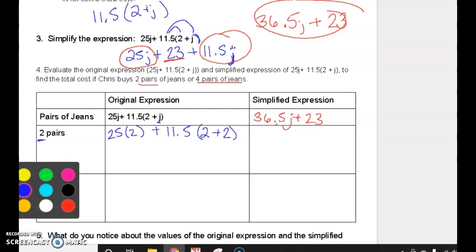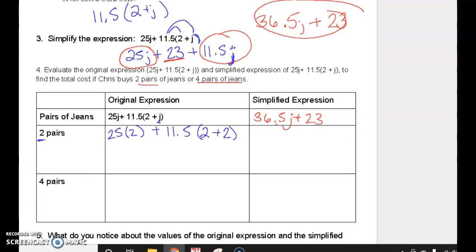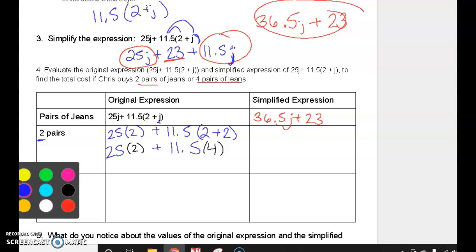Now, first step, remember order of operations, we want to do parentheses first. The first parentheses just has a 2, there's nothing to do here. Now over here, we have 2 plus 2, which gives us 4. We're now going to bring the rest of the problem down: 25, plus 11.5. Next step in order of operations, multiplication or division.